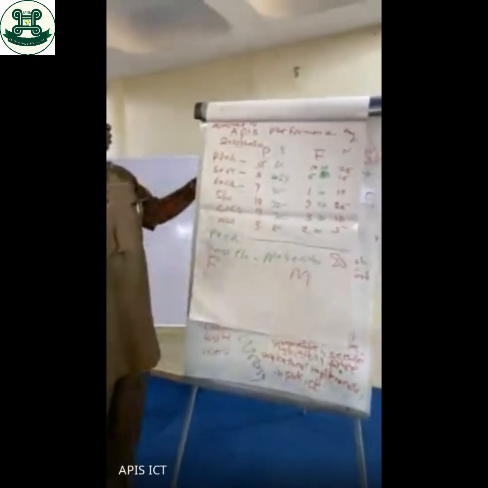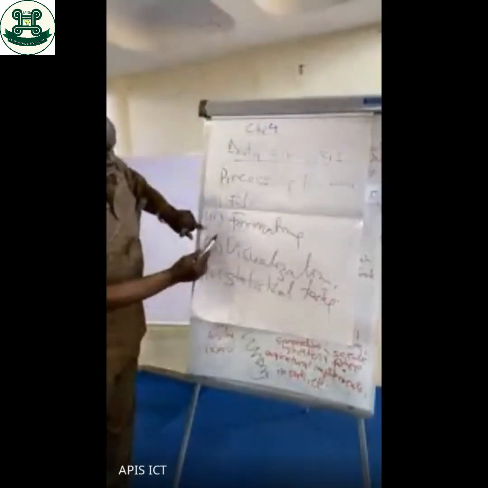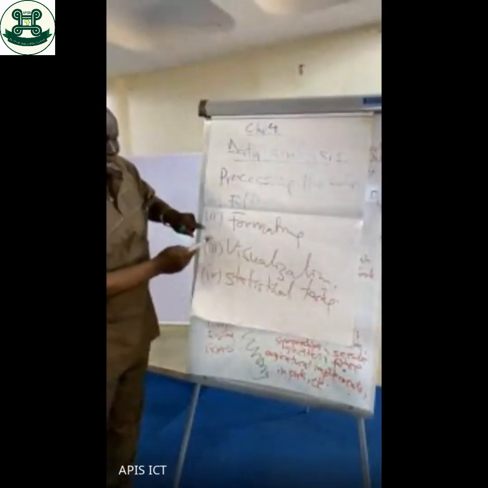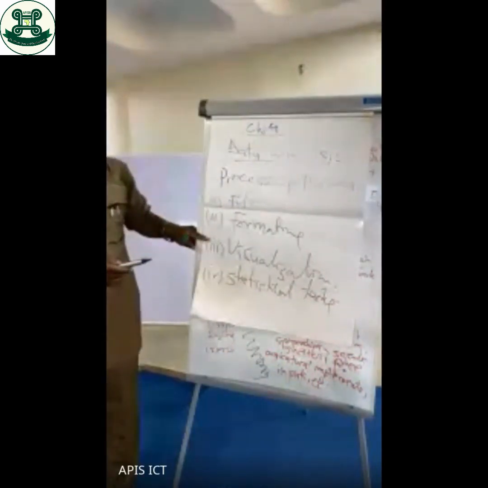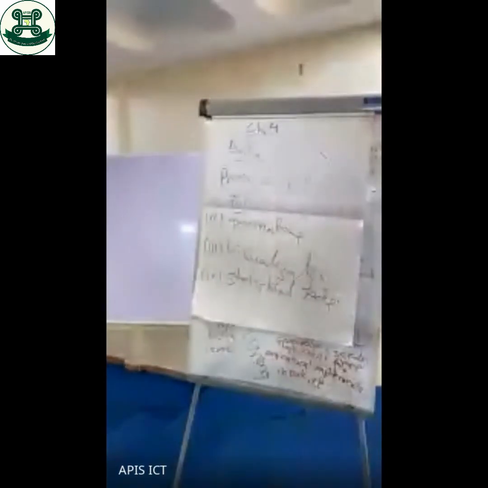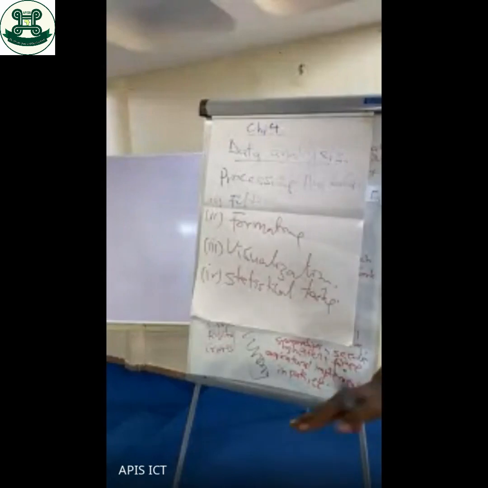So you go back to the stage where we discussed formatting and visualization. You count the male and the female. Don't forget you have marked the whole result.